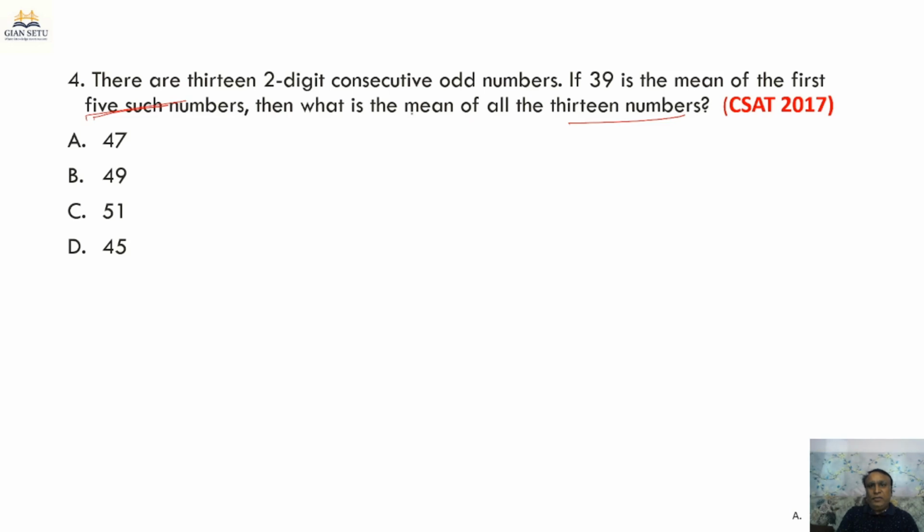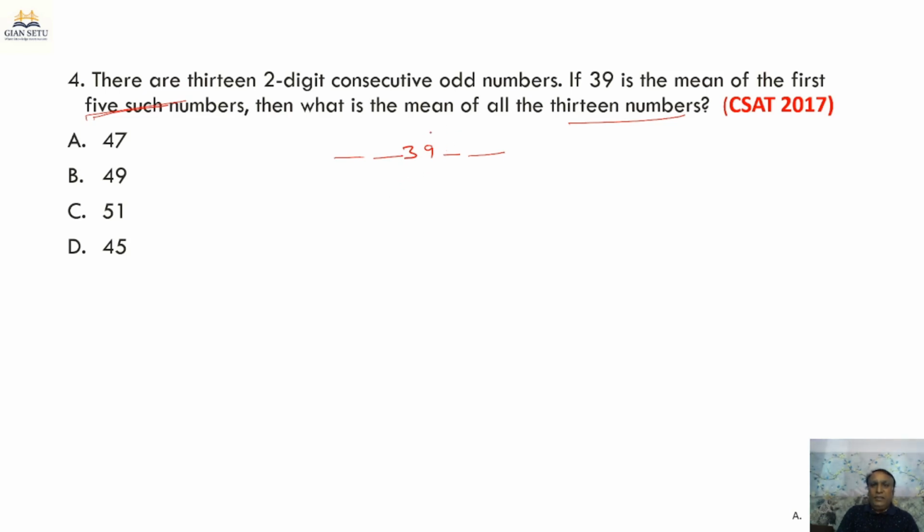Now here in the question we are given the mean of first five numbers. Let's suppose we have this. Then we must have two numbers to the right of this number and two numbers to the left of this number.